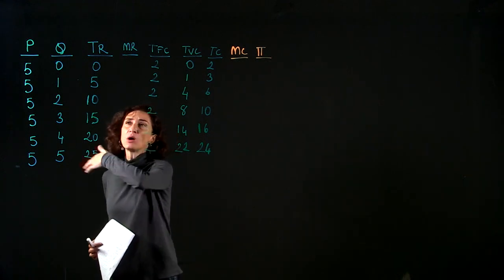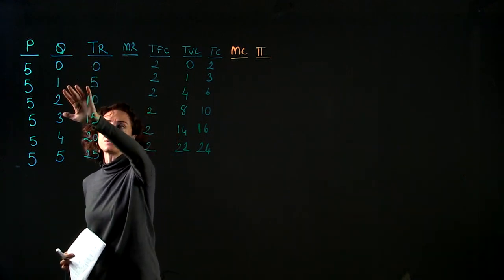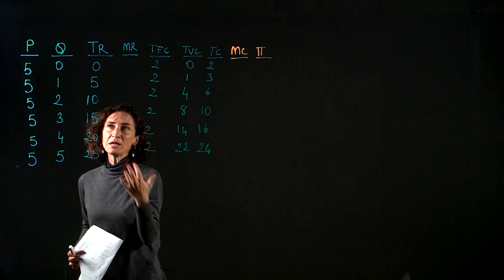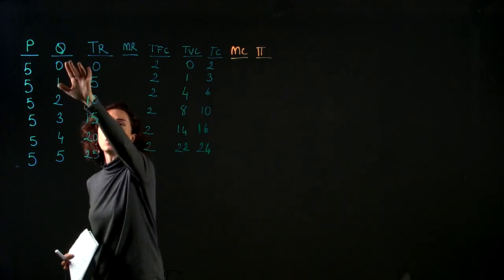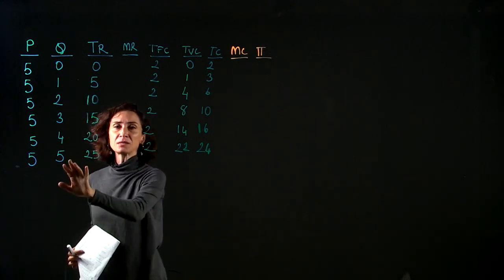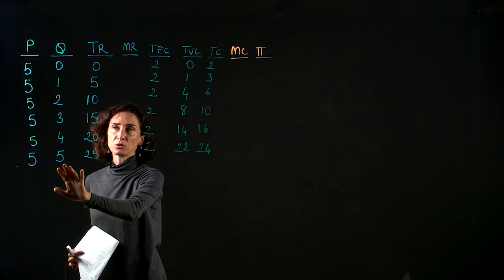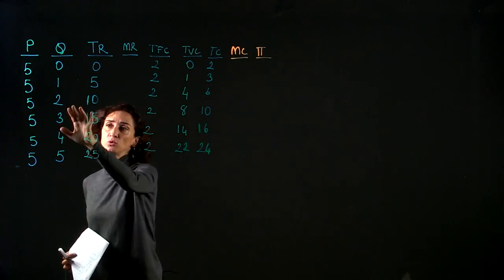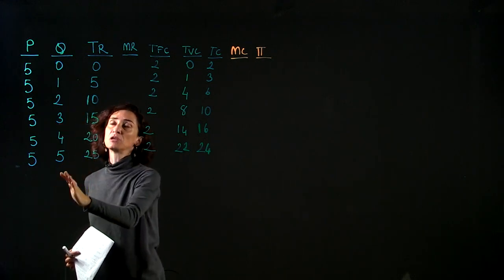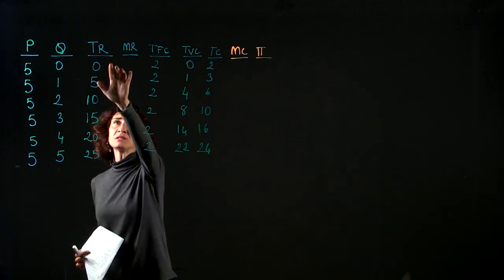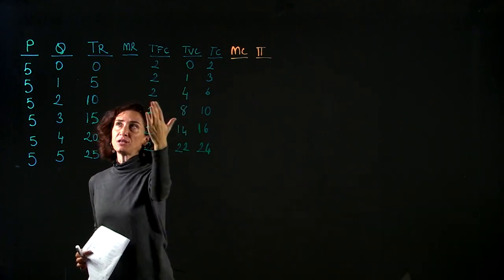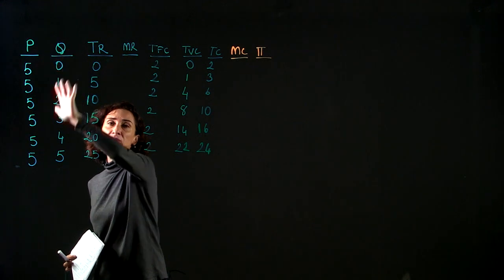Now, these are different quantities for the firm. So our question is, what is the quantity among these that maximizes profit for this firm? Is it 2, 3, 4, 5, which one? Total revenue by definition is price times quantity, right?